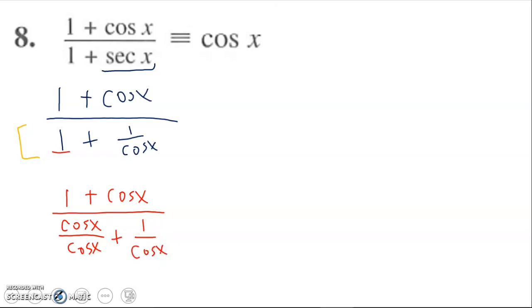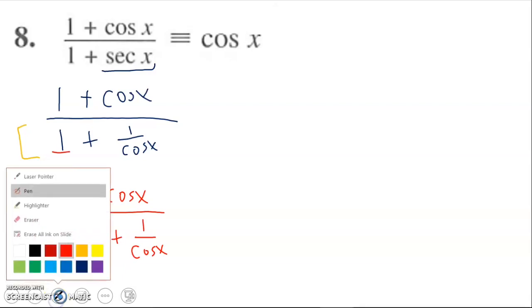So I have 1 plus cos x on top, and I'm simplifying my fraction, taking these small little steps in order to simplify this. Now I can clear this up and make this into 1 fraction instead of 2 fractions.